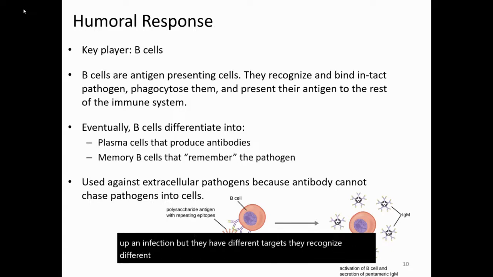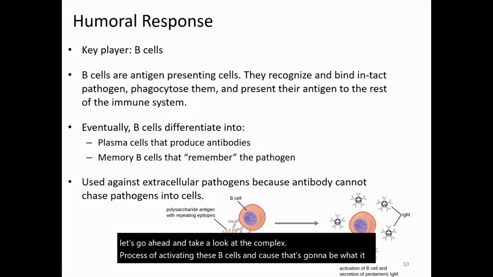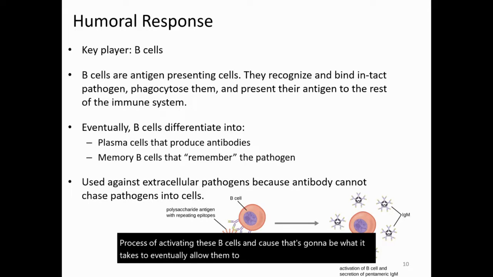It's going to be really important that you can separate the humoral from the cellular response, which means you're separating what B cells are doing and what T cells are doing, okay? So let's go ahead and take a look at the complex process of activating these B cells, because that's going to be what it takes to eventually allow them to differentiate into the plasma cells and the memory cells.